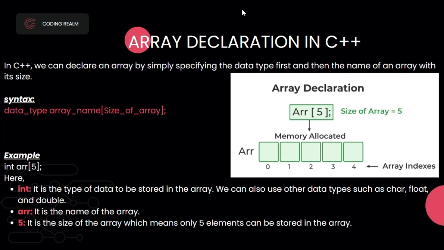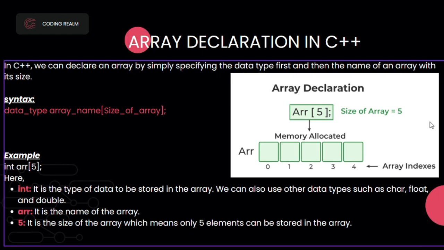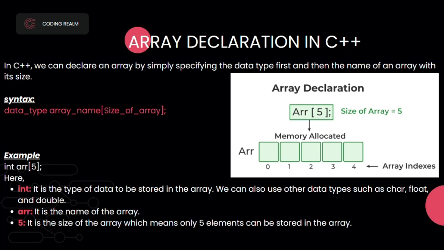In this example, we declare an array containing 5 elements. The first element has index 0 and the last has index 4. The size of this array is 5, and this memory is allocated.